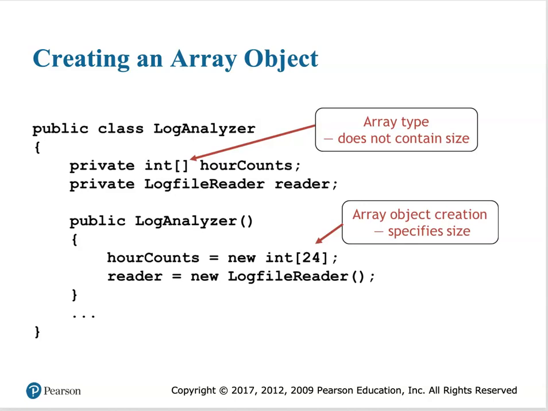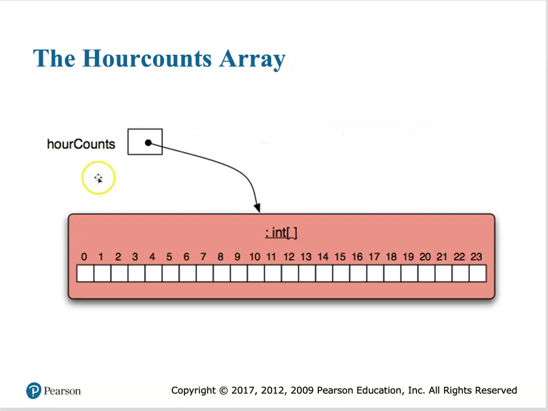When we declare an array, we basically get a reference to a block of memory that is large enough and just large enough to hold the specified amount of values inside of it. So here we have our hour counts array starting at position 0 up to position 23, which gives us 24 spots to store information inside.